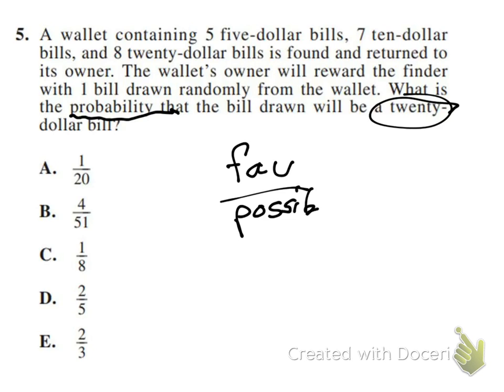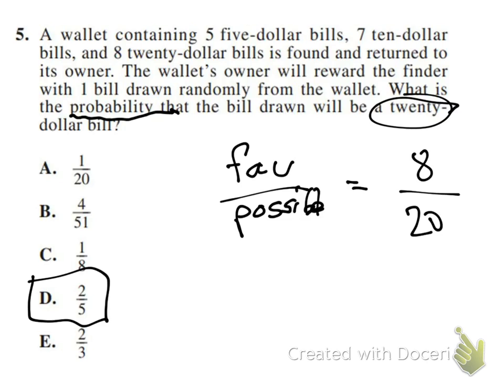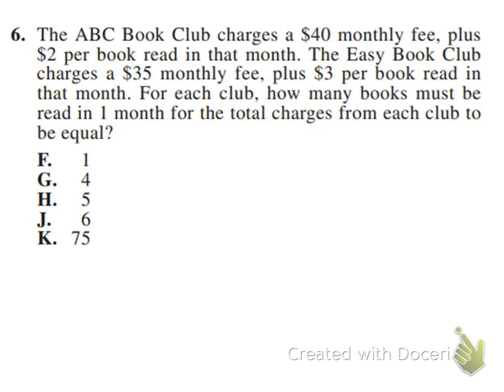So how many 20s are in the wallet? 8. How many total bills are in the wallet? 5, 7, and 8 gives us 20. 8 out of 20 simplifies to 2/5. Right? Now again, this is one of those things you can work through quickly.